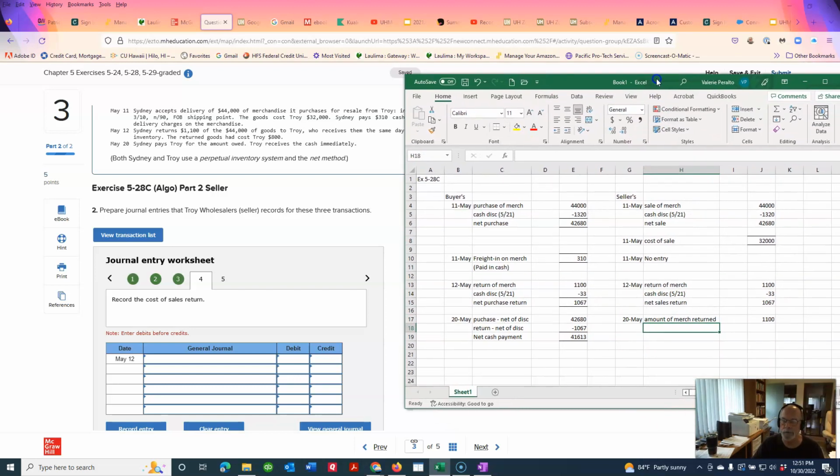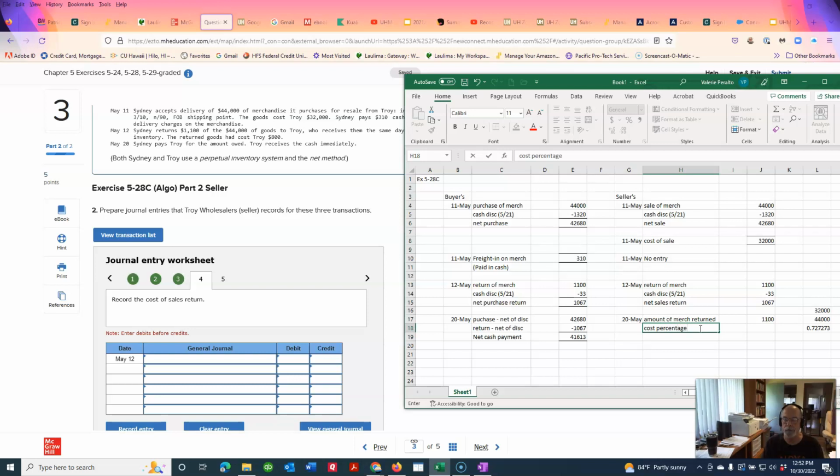Now, how are we going to get this amount here requires a calculation, and that calculation is going to be calculated based on our cost to retail percentage. So if we take our cost and divide it by our retail, we see that our cost percentage is 0.727273.